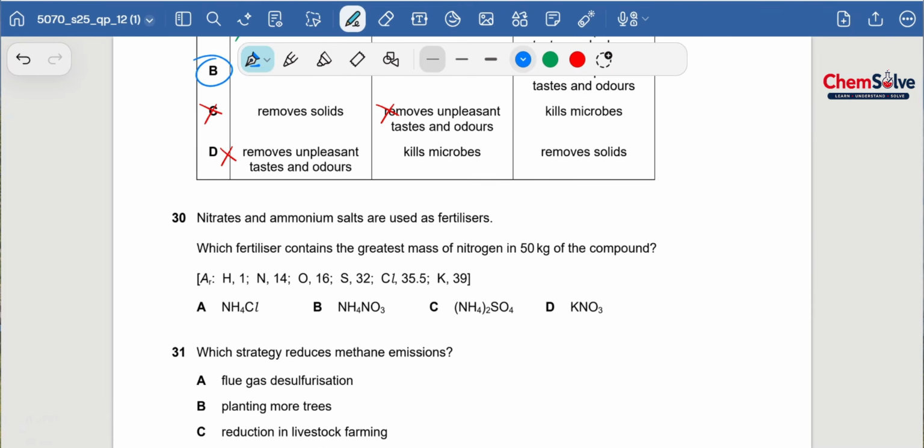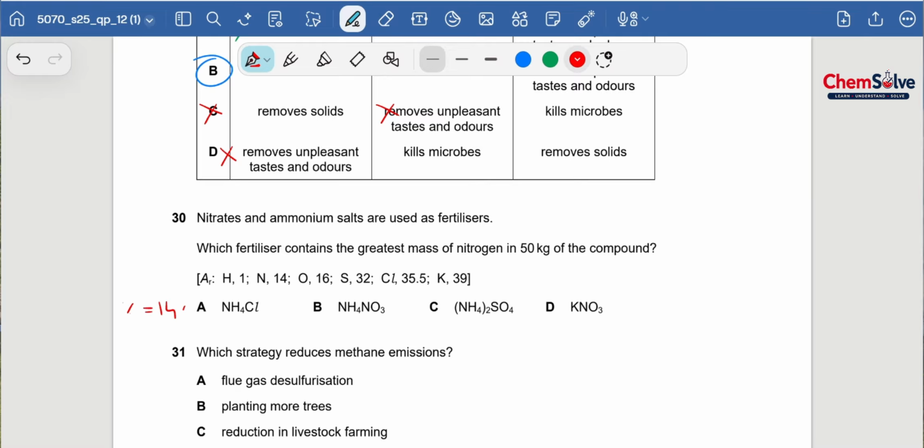Okay. Question number 30. Nitrates and ammonium salts are used as fertilizers. Which fertilizer contains the greatest mass of nitrogen in 50 kg of the compound? Okay, so we have to find out the percentage of nitrogen in each case. So let's calculate. In the first one, nitrogen is 1.